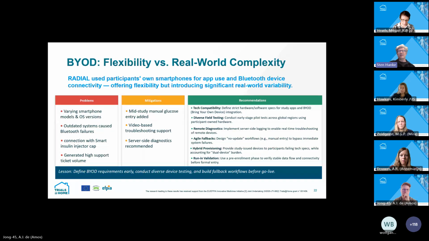What we did in the trial at the end, we implemented in our web portal some manual entry of data, which is from an interoperability point of view, of course, not the best thing, because there also the participant needs to take action himself or herself. We provided video-based troubleshooting from our help desk, which was not planned from the beginning.